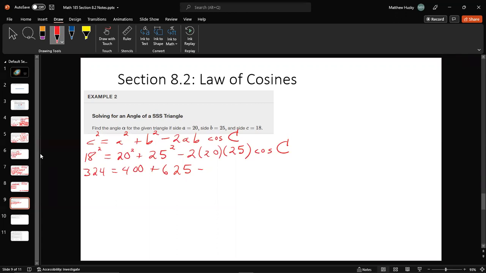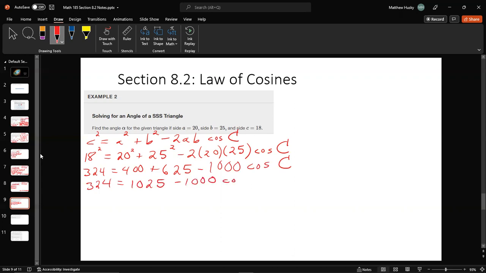That should be 1,000, right? These are a lot nicer numbers to deal with, quite honestly. Okay, there you go. There's angle C. Or well, not quite, but we're making progress. You add 400 to that, and you get 1,025.